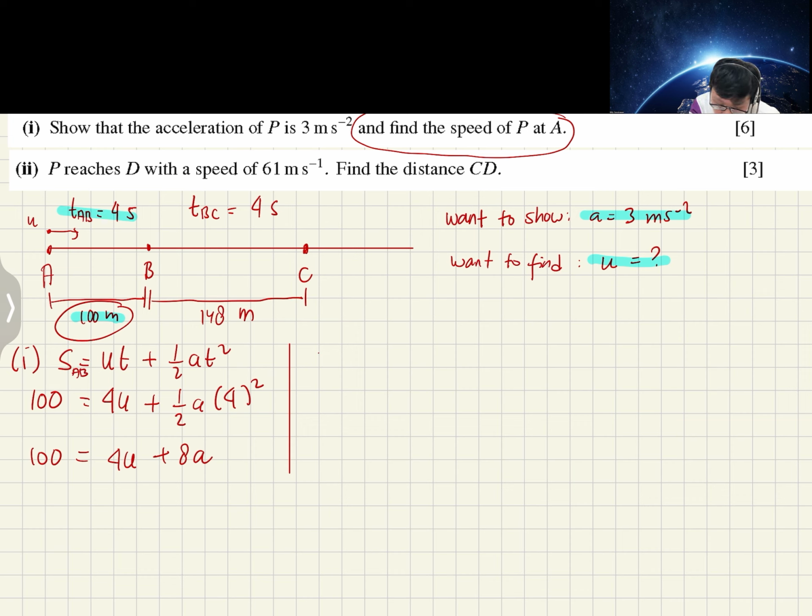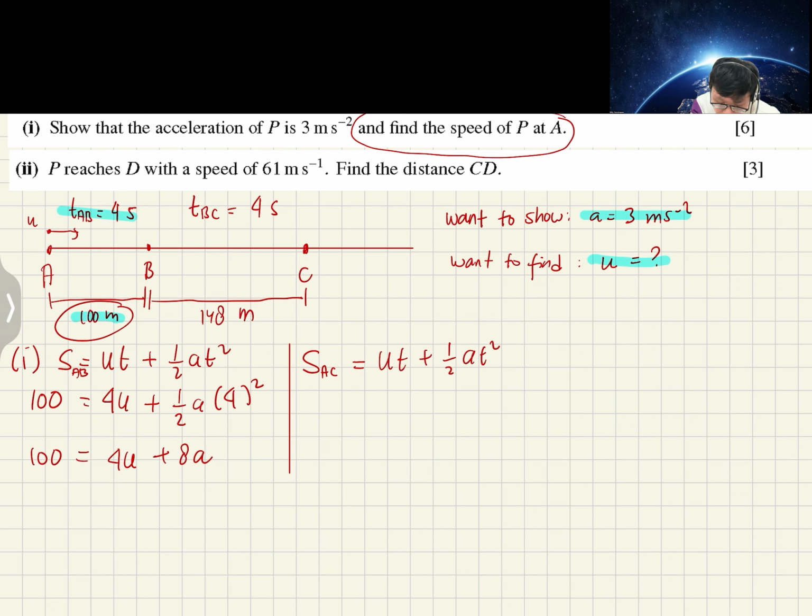Now we can use the equation for SAC. We can use the equation for BC, but when you use BC, the initial velocity is from B, and we don't know that. So instead of using that, I prefer to use SAC because I know the initial velocity is U, same as this one. So I have S equals UT plus half AT squared.